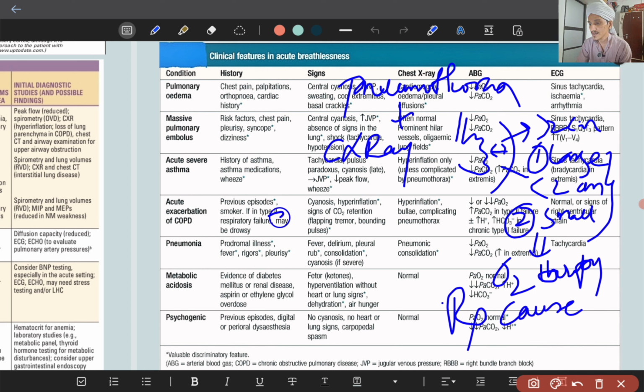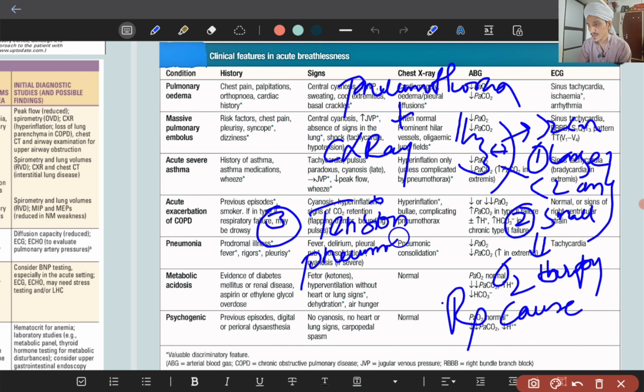The third one is the life-threatening cause, that is tension pneumothorax.